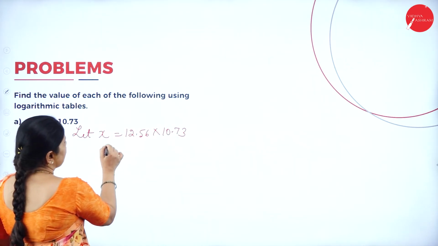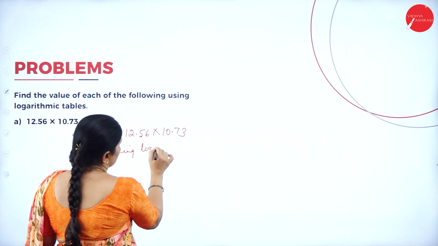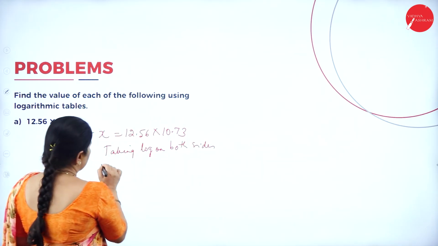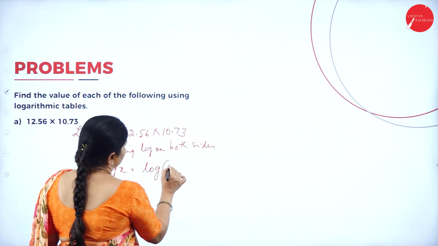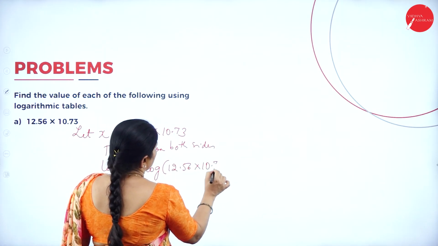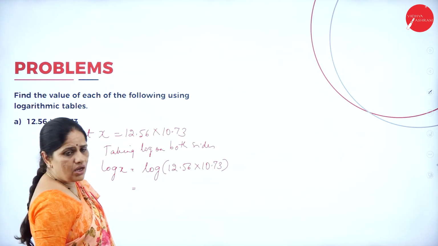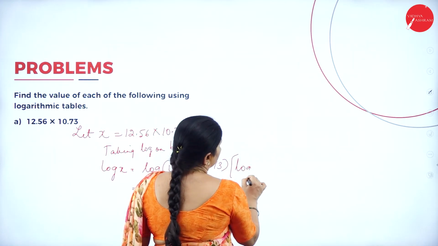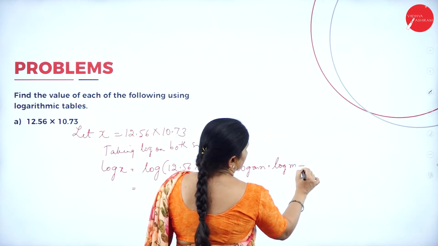Now taking log on both sides, I get log x equals log of 12.56 into 10.73. Now I will use the laws of logarithms. What does the law of logarithms say? Log mn equals log m plus log n.